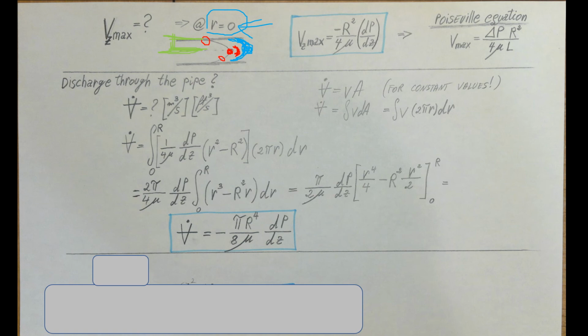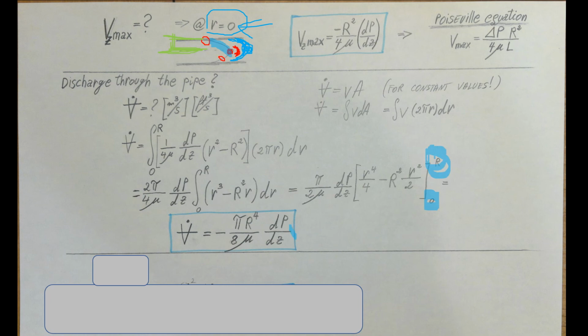We can see it here too. This is from going from the center towards the edge, towards the wall. We can see that the curve changes, and that's what we're trying to capture with this integral. That's why we are integrating from 0 to r.